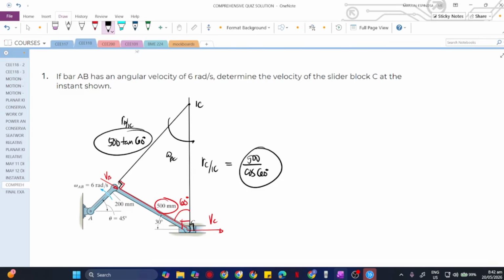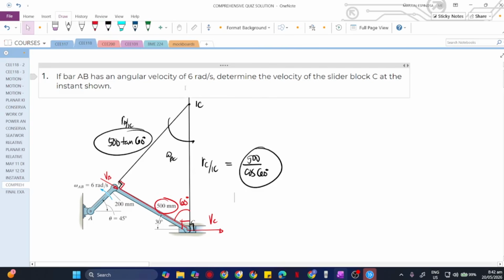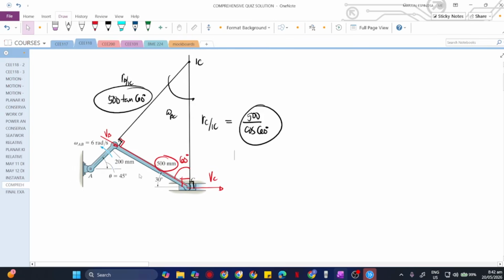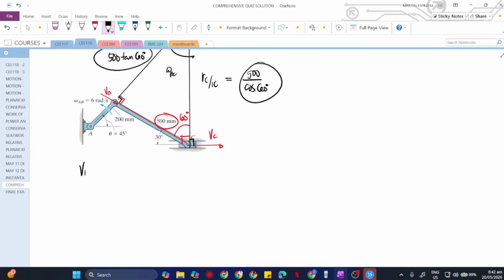Okay? The angular velocity of our member AB is 6 radians per second. From there, we can solve the velocity of B. That is the angular velocity of member AB multiplied by the position of B with respect to A, which is already given.